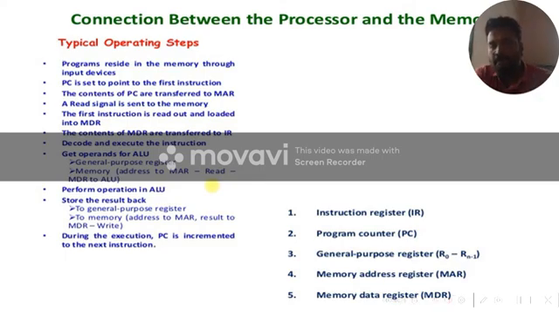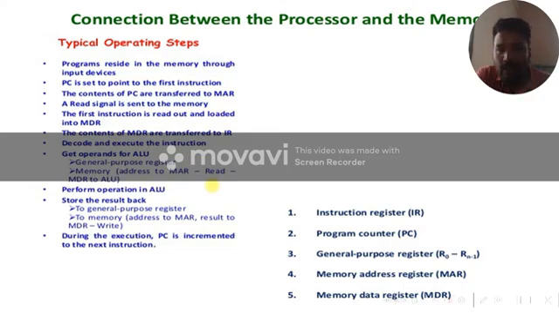For example, I have initiated a particular mnemonic. The first instruction, when it is being executed, will be stored in the instruction register, IR. The next instruction, the second instruction to be executed, will be saved in the program counter.